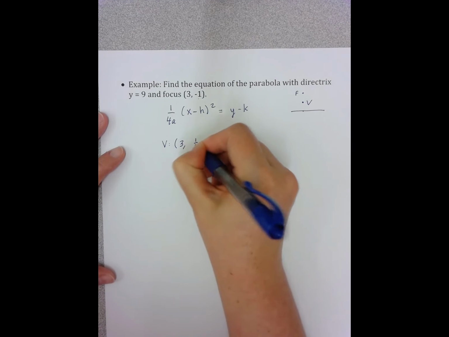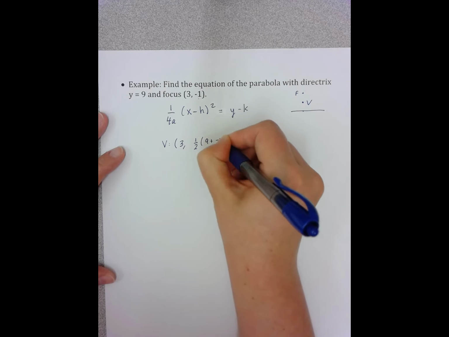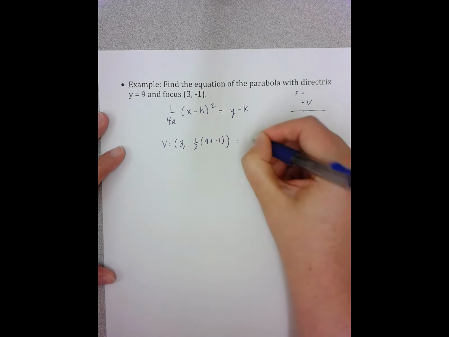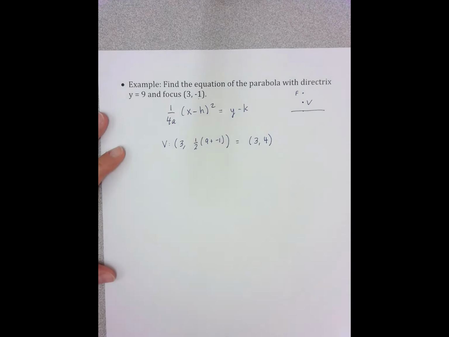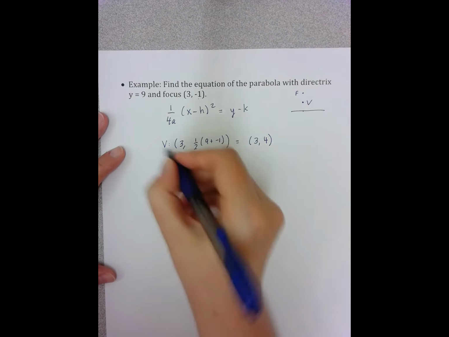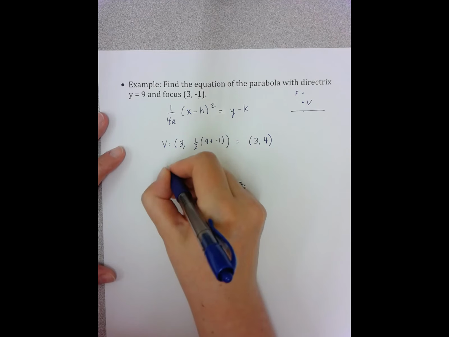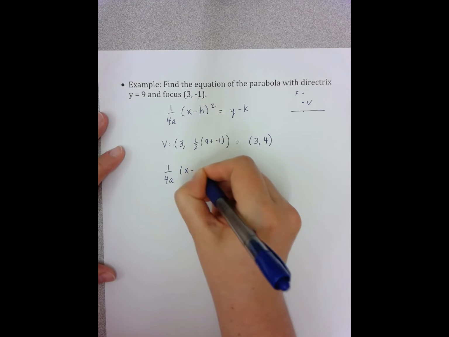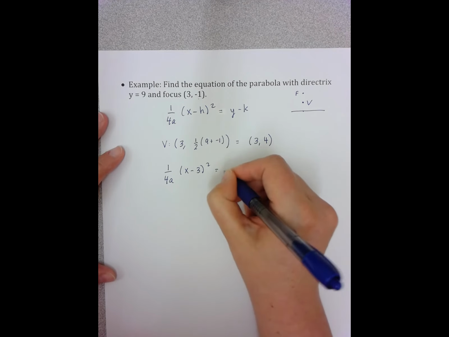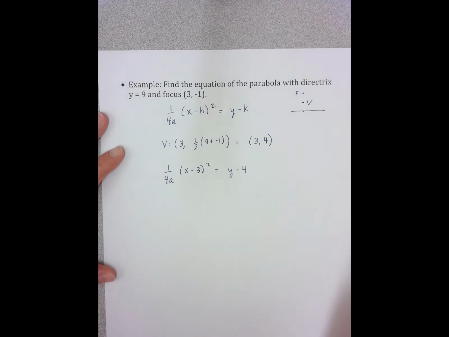So that's 1/2 of 9 plus -1, which simplifies to be the point (3, 4). So I can plug that in now. So I now can say that my equation is 1 over 4a (x minus 3) squared equals y minus 4.